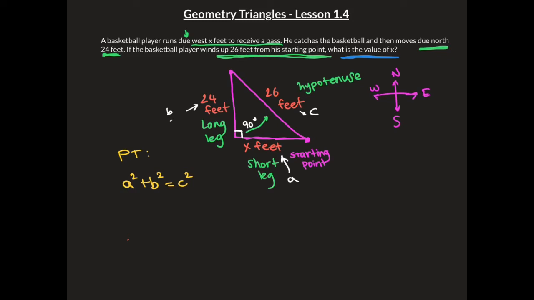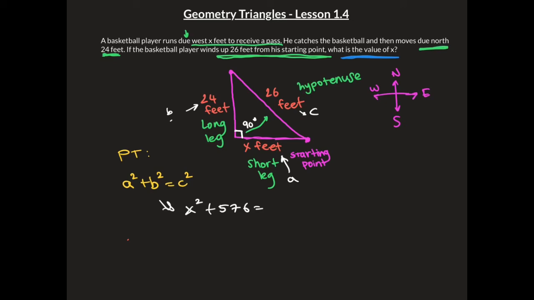So x is our a, and we don't know that, so our new equation is x squared plus b squared, and b is 24, so what's 24 times 24? That's plus 576 is equal to c squared, which is 26 times 26.